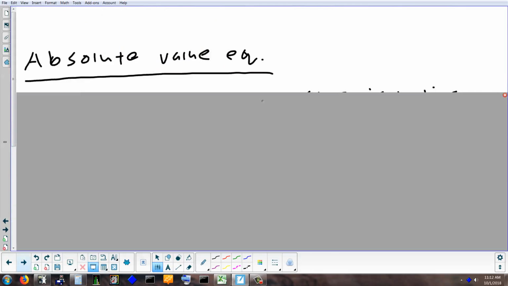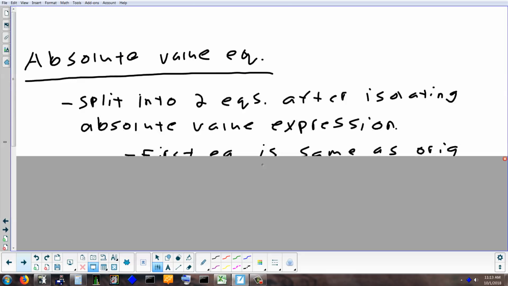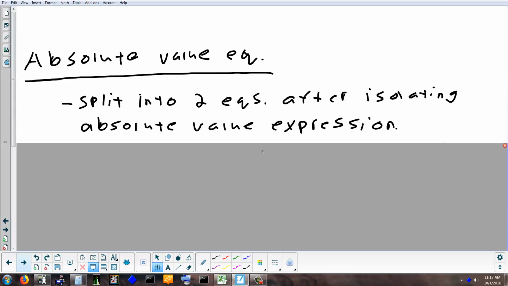All right, so let's look at solving an absolute value equation. Kind of like what we just did, but we have to solve 2 equations. So the first step when you're solving an absolute value equation is to make sure the absolute value expression is isolated, okay, is by itself.